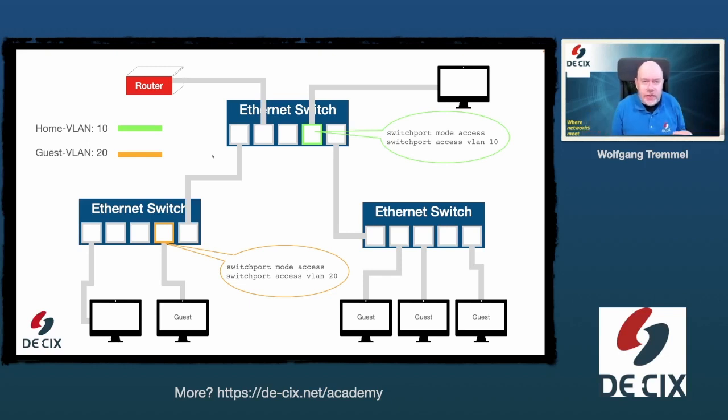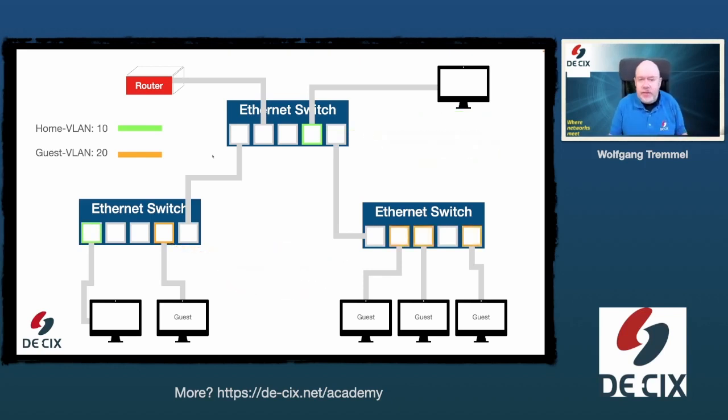For the end devices, they just see I'm connected to an Ethernet port. So this is where we basically tell the switch, this is an access port. Access port means it's transparent to the end device. And we also tell the switch to which VLAN this access port belongs. And we are doing that for all the ports where an end device is connected.